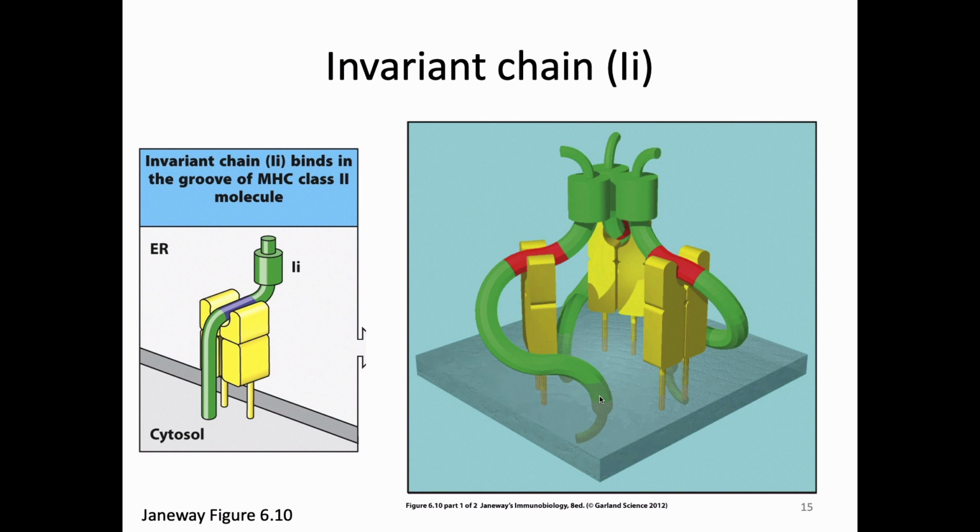Invariant chain both blocks the cleft so that class I's peptides don't get in there, and provides an address label that says, send this MHC to the part of the secretory pathway where those peptides are coming. So invariant chain is pretty important. As you might guess, it does not vary. It is invariant chain.